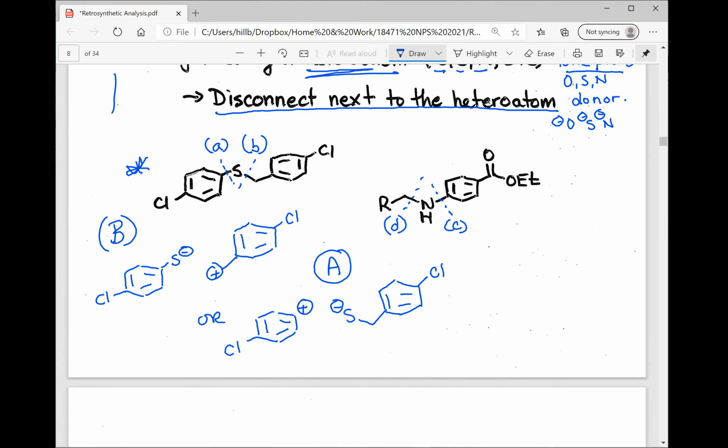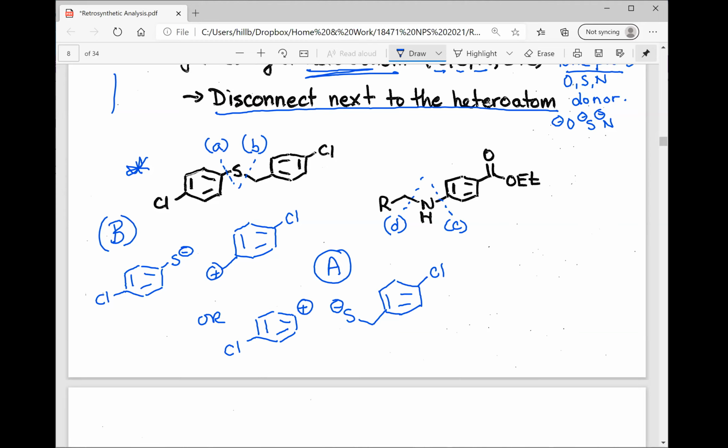Any idea? Would B be better because it's easier to make that carbon positive than a carbon on an aromatic? That would be my thinking, yes. Okay, good.